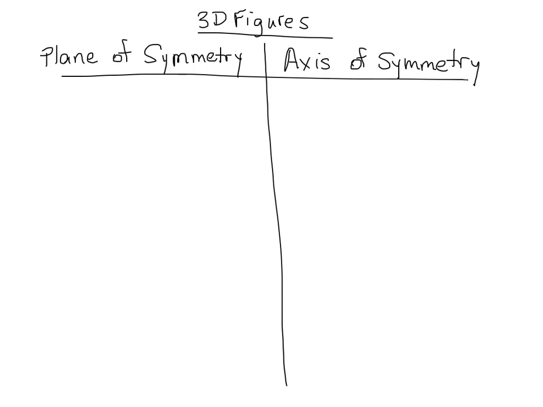Okay, so finally we're going to look at 3D figures, and we're going to look at the difference between the plane of symmetry and the axis of symmetry. So the plane of symmetry, first of all, I'm going to draw a quick rectangular prism here. And what I want you to imagine is the rectangular prism being cut in half, which is going to take some visual skills to get there, especially with my drawing skills, but I think we can do it.